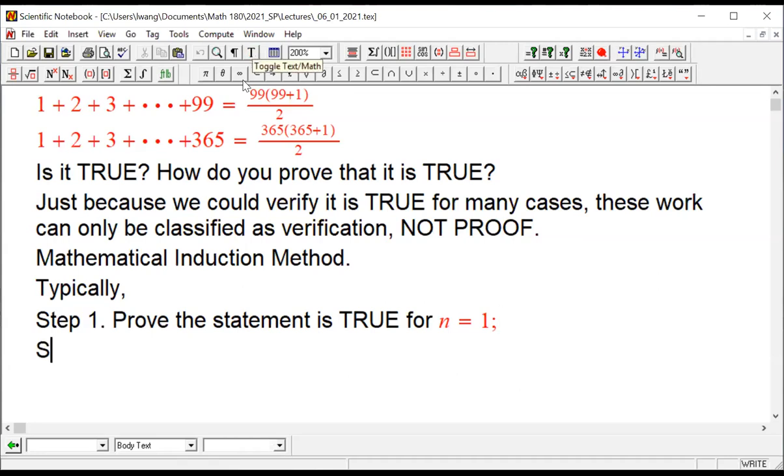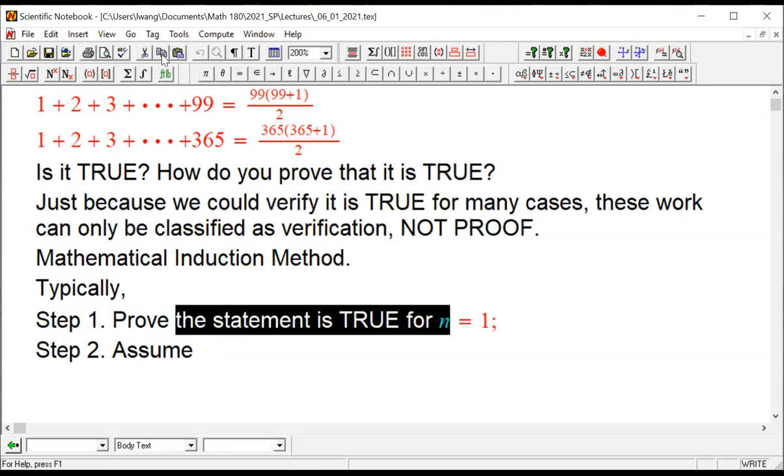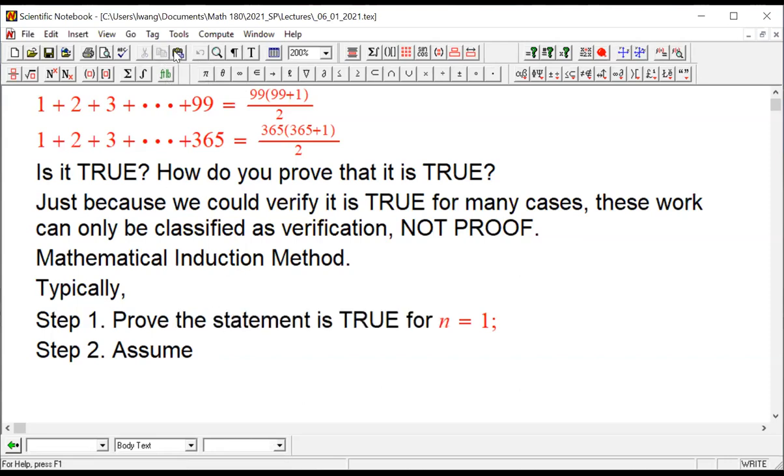Step 2 is assume. Assume what? The statement is true for n. Assume it is true for n.